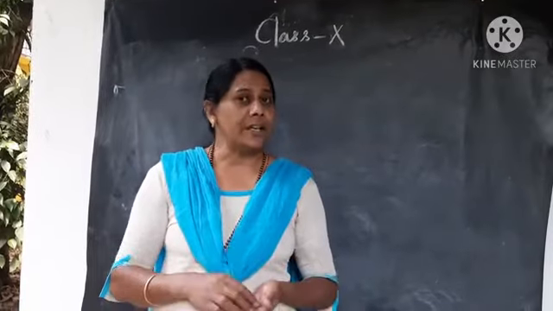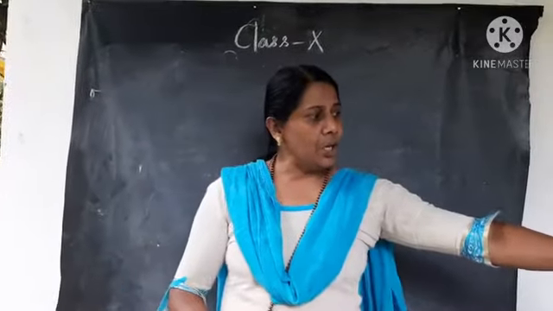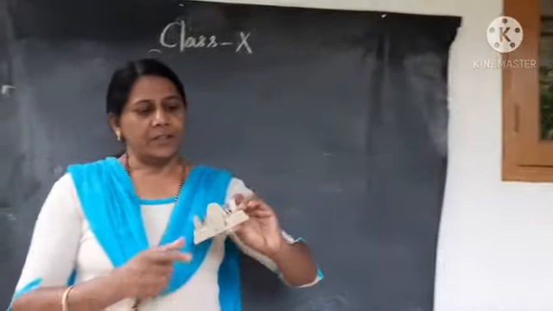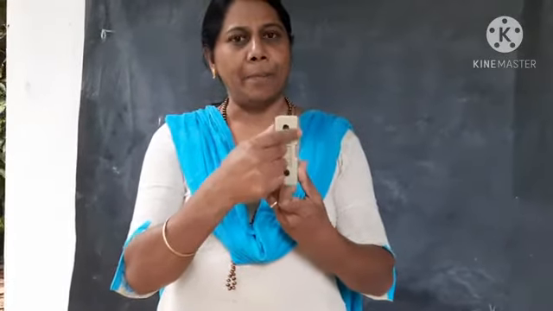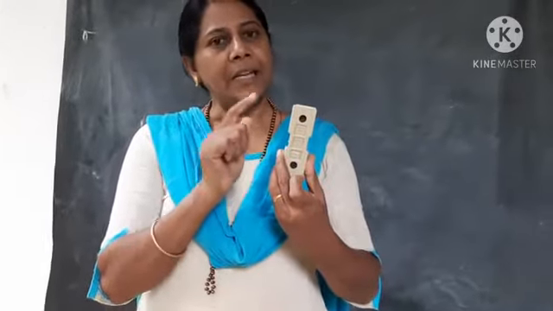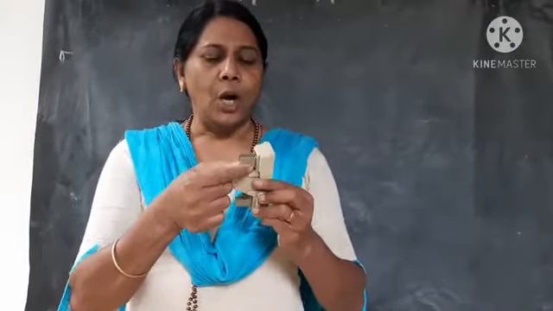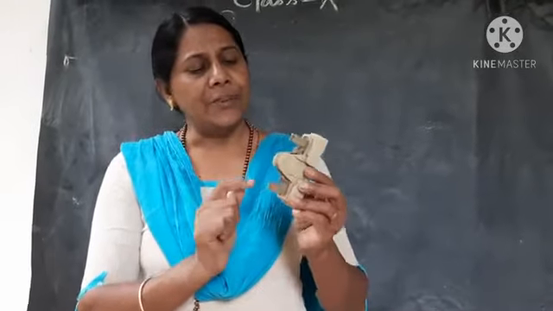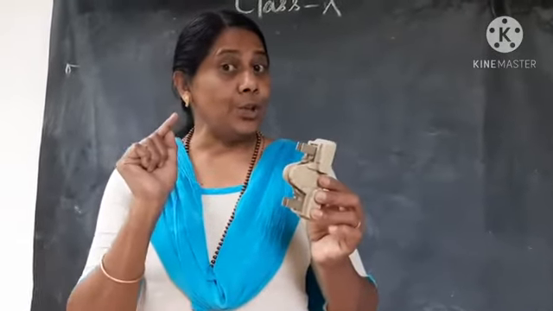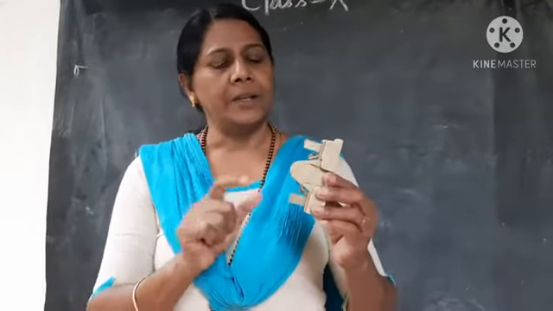The next one is fuse. You could have seen a fuse in your home. Maybe it is made up of porcelain. The outside is made up of porcelain because it prevents us from electric shock. Then always this fuse wire is connected to the circuit in series, not in parallel.